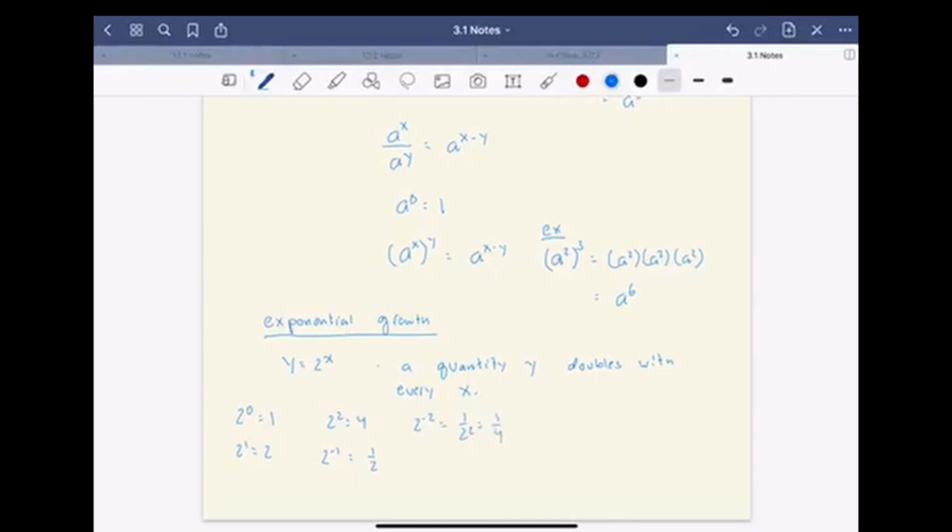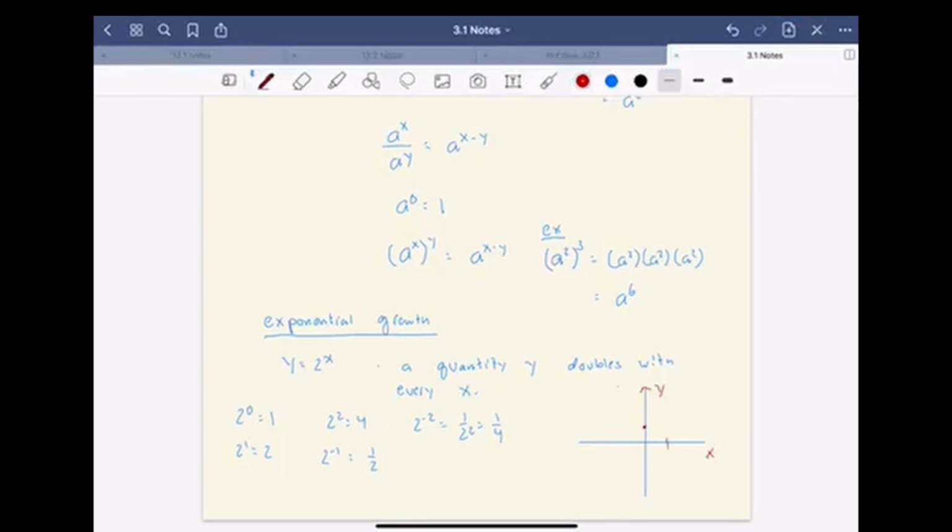So we could graph this. Graph it in red. So 2 to the 0 is 1.